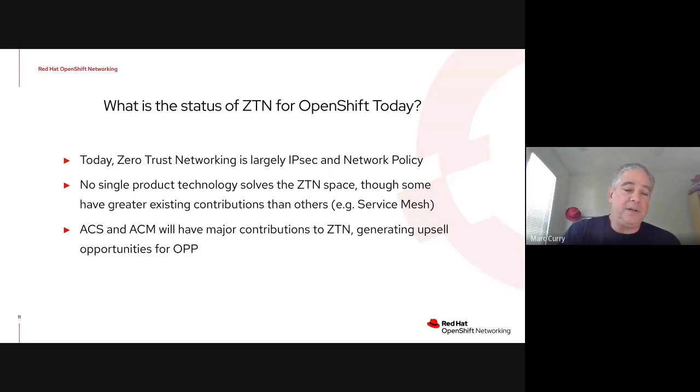We also have some additional layered products, Advanced Cluster Security and Advanced Cluster Management, also known as ACS and ACM. They also have major contributions to Zero Trust networking. Essentially, what they can provide in addition to OpenShift is a sort of federation of things across all of OpenShift.